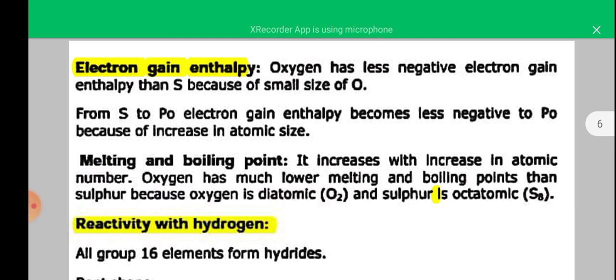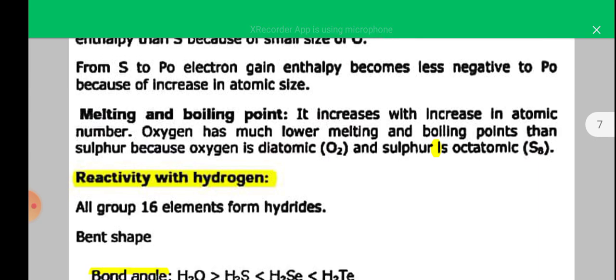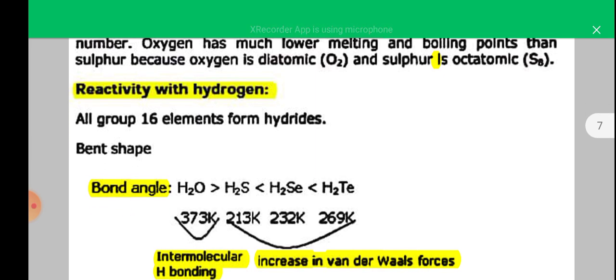Electron gain enthalpy: in group 16, oxygen has less negative electron gain enthalpy than sulfur because of the small size of oxygen. From sulfur to polonium, electron gain enthalpy becomes less negative because of increase in atomic size. Melting point and boiling point are not required.